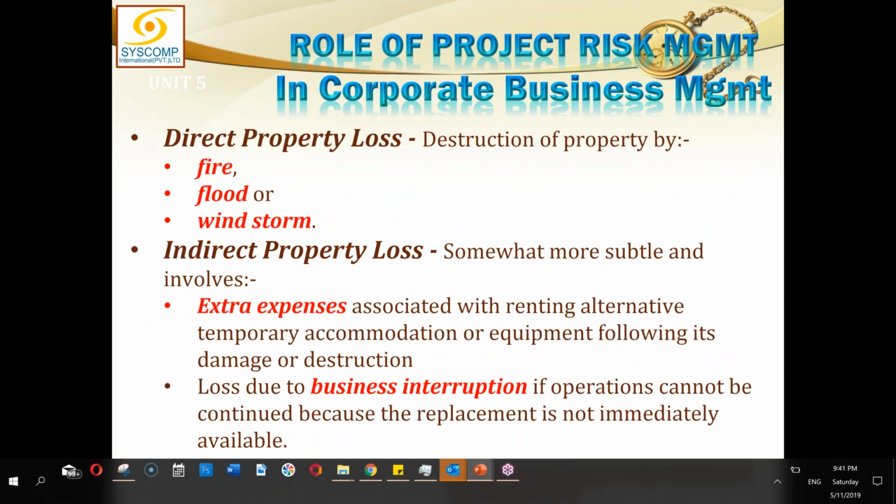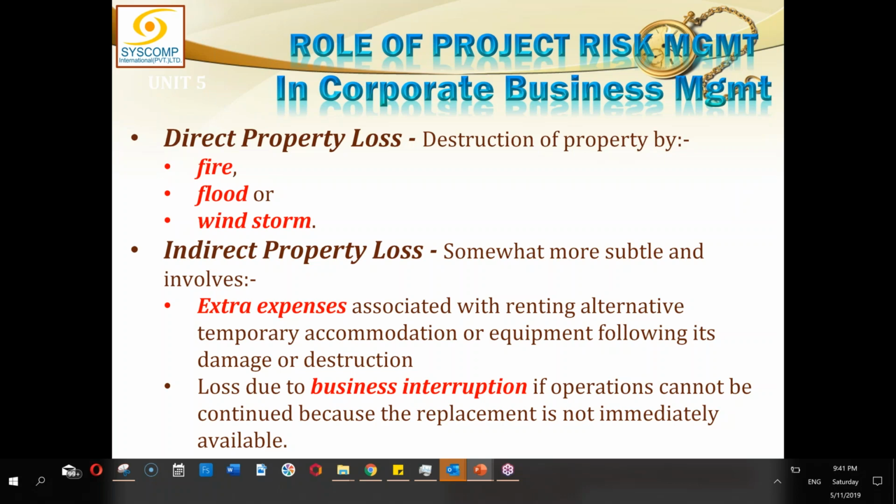The direct property loss could be destruction of property by fire, flood, windstorm, etc. And indirect property loss is somewhat more subtle and involves extra expenses associated with renting alternative temporary accommodation or equipment following its damage or destruction. Then there is loss due to business interruption if operations cannot be continued because the replacement is not immediately available.